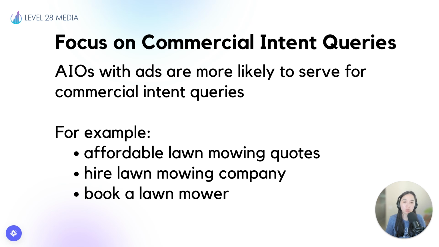Those long form based research type of questions high up in the funnel tend to trigger more AI overviews, but based off of what Search Engine Land has found by speaking to reps at Google, AI overviews with ads serve more for these commercial intent queries. So I see AI overviews more with the higher up funnel intent queries, but AI overviews with ads serve mostly for commercial intent queries. Now, I haven't seen it yet, so I don't have any proof to show you, but this is based off of what some insiders at Google have said based off of the Search Engine Land article.